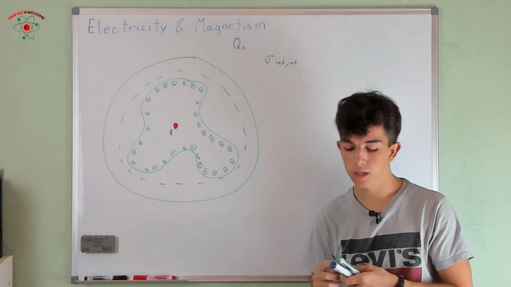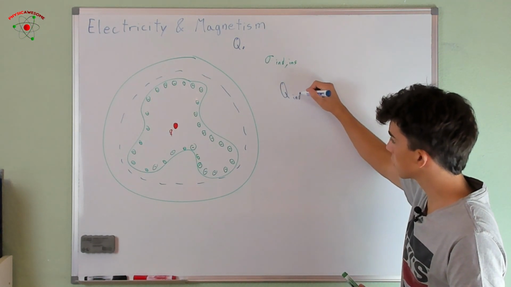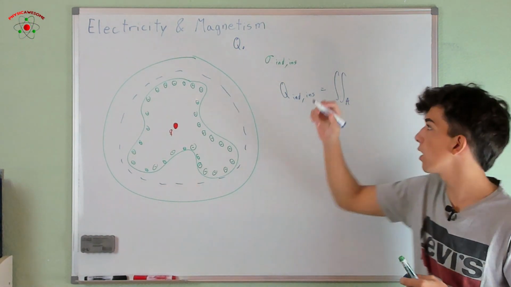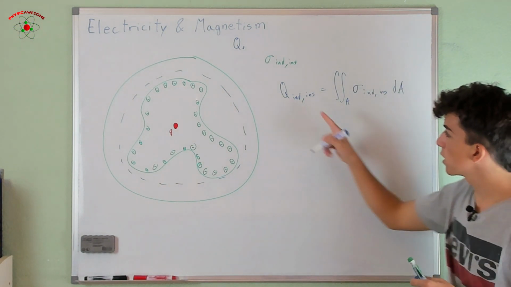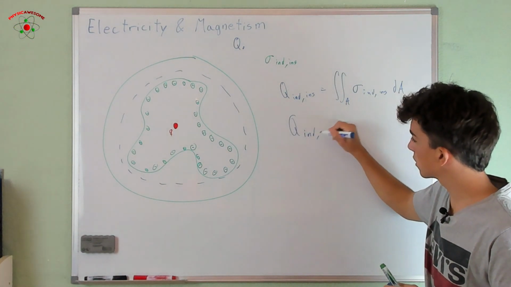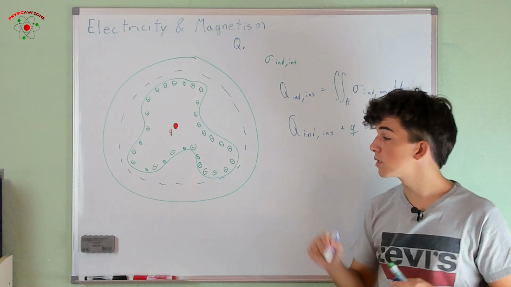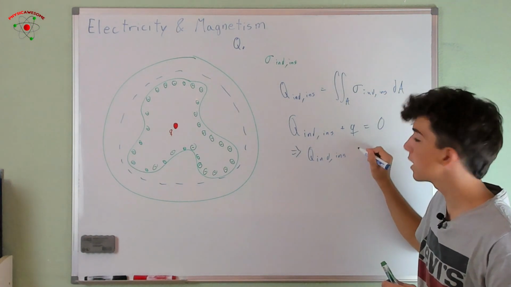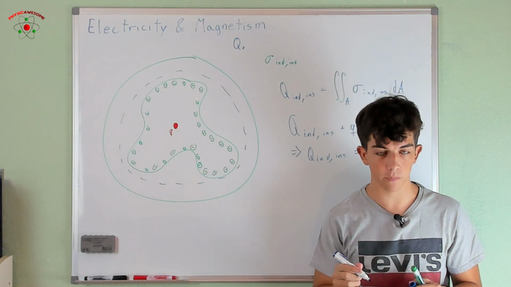Therefore, we know that the total charge inside, Q induced inside, which is equal to the surface integral of this induced charge density over the surface, this charge plus Q, has to be equal to zero. Therefore, we conclude that this induced charge density in the inside equals minus Q, and therefore this integral equals minus Q.